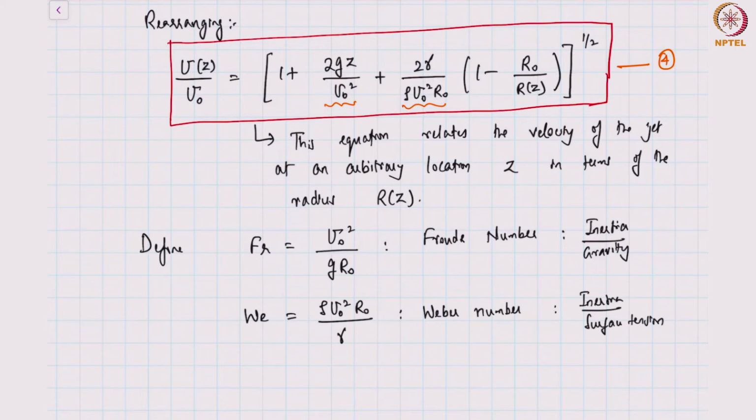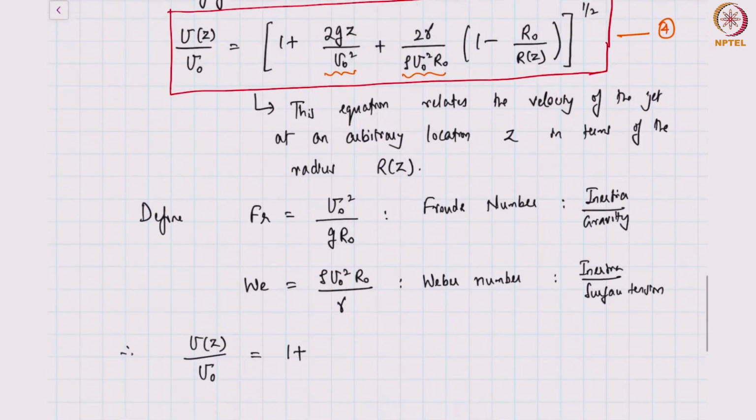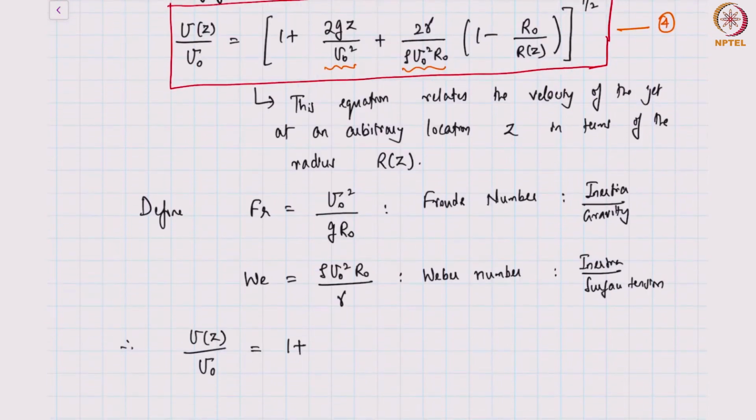So once I have these non-dimensional numbers, I can substitute into my equation, and what do I get? u of z divided by u naught will be 1 plus 2 by Froude number. I have to multiply and divide by r naught.